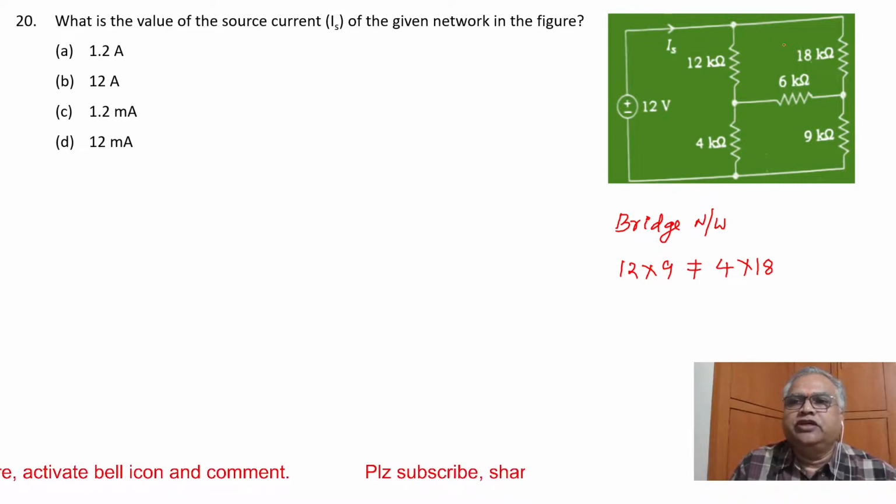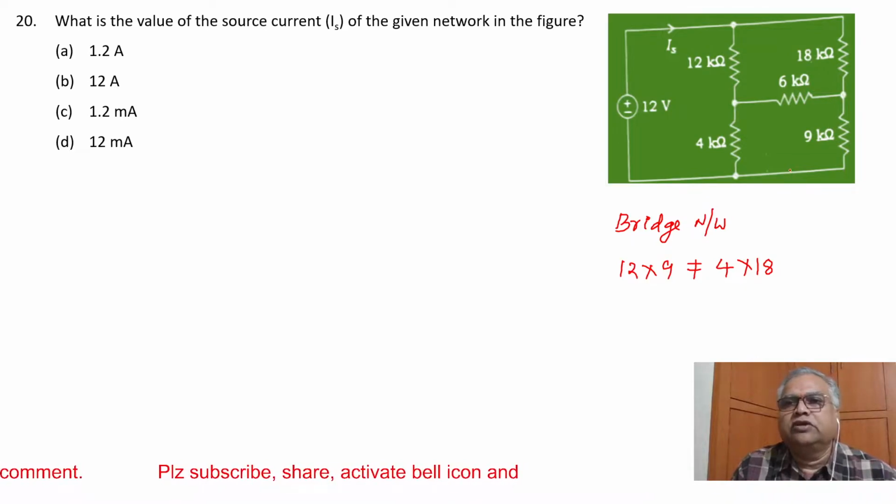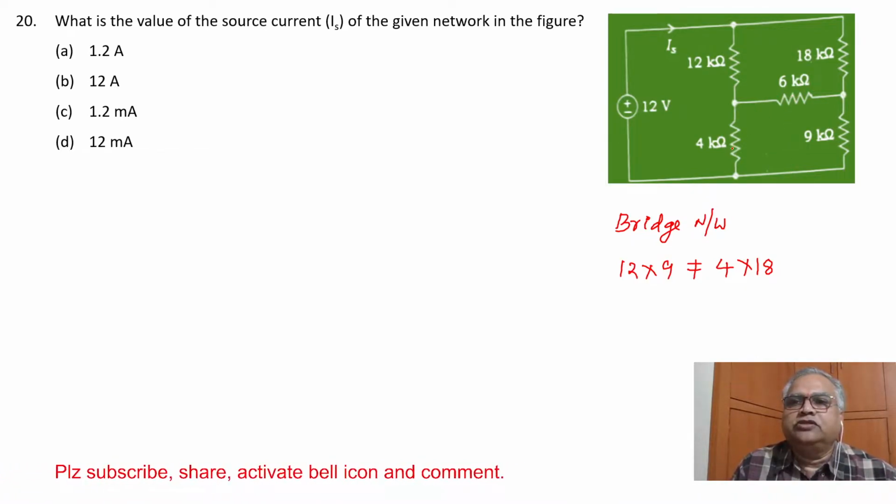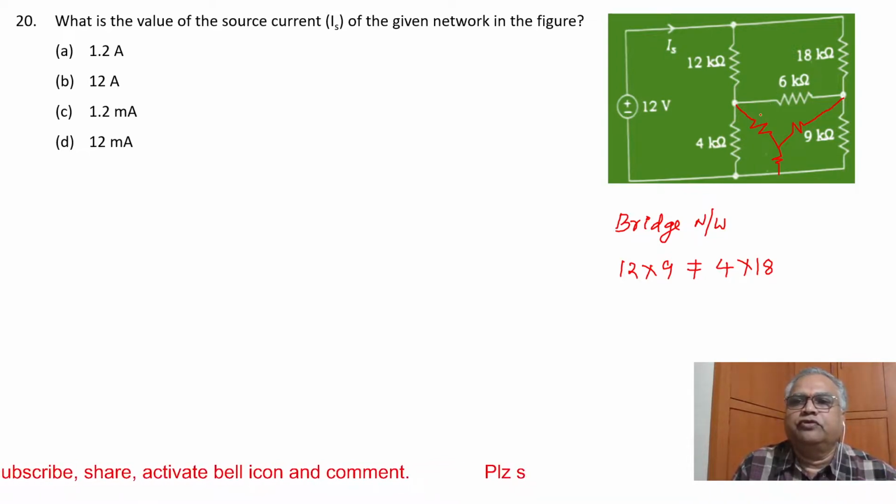So you have to change either the above delta into star or the below delta into star. I prefer below because these numericals are lower. So if I change, 4 into 6, 24, 24 by total, 6 plus 4, 10, 10 plus 9, 19 (so 24 by 19).